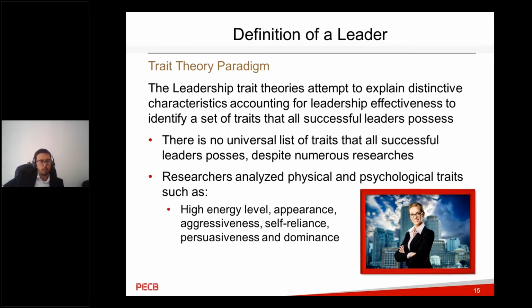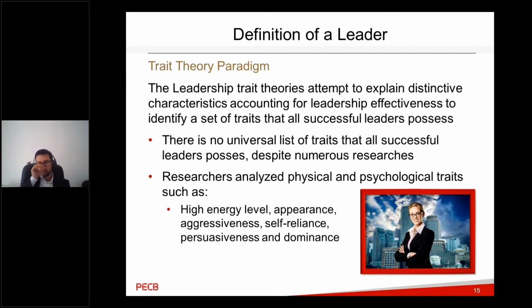So when we talk about the trait theory paradigm, we tend to assume that the early leadership scholars, the ones who studied leadership early in the days, assumed that leaders are born, they are not made. So basically they tried to explain distinctive characteristics related to leadership effectiveness by claiming that there is a set of traits that all successful leaders possess.